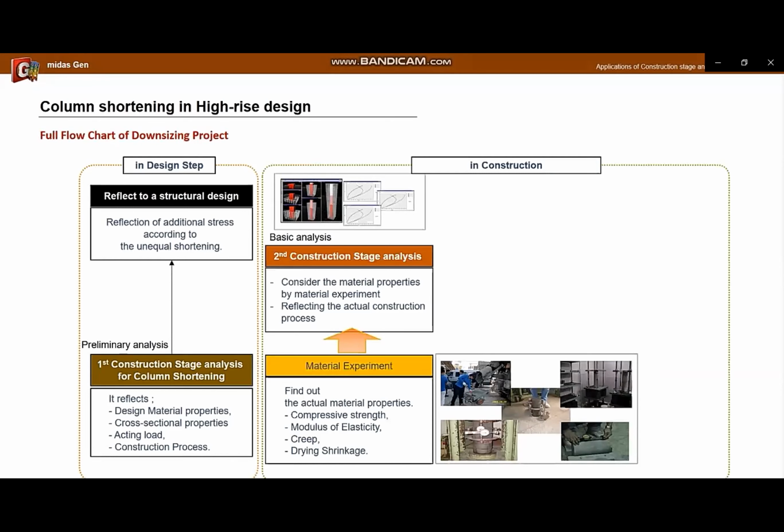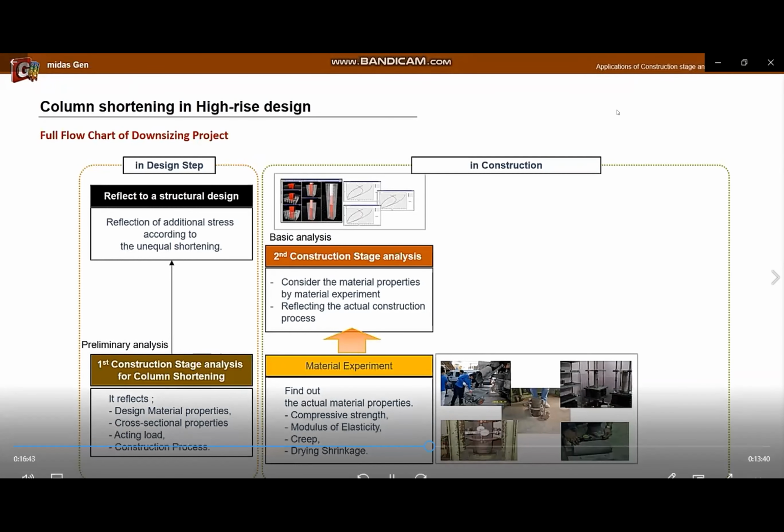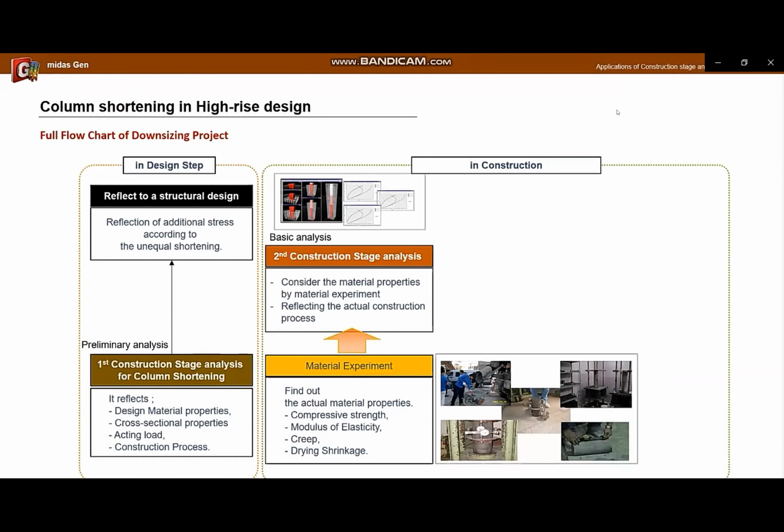Next, when the construction site is opened, material experiments are conducted. Through the experiments, we can obtain the curve of compressive strength, modulus of elasticity, creep, and drying shrinkage. Secondary analysis is performed by reflecting these experimental values and the actual construction process plan. This is called the basic analysis.